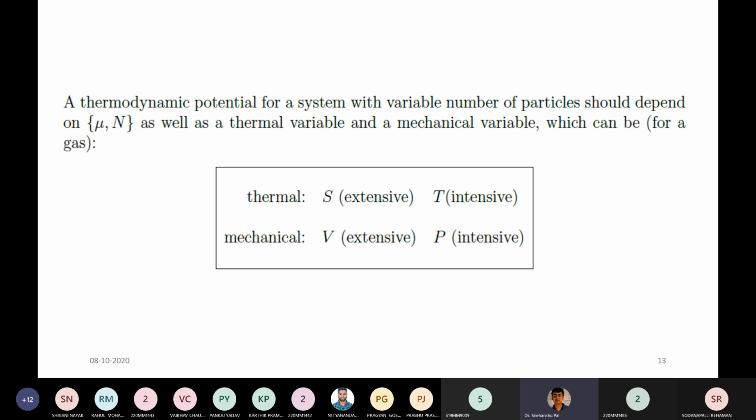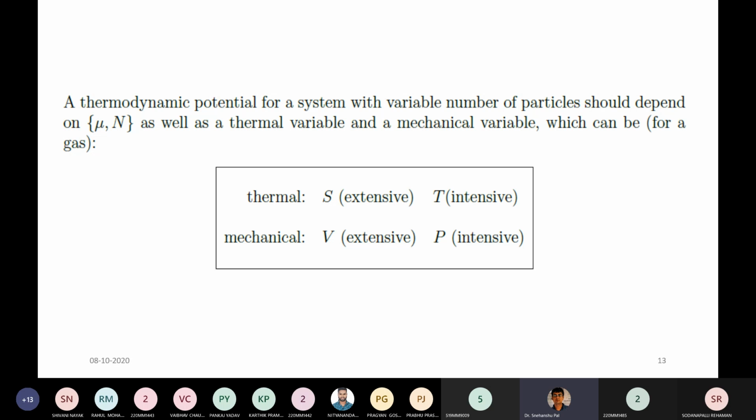Now what we have to understand is what an extensive variable is and what an intensive variable is. Extensive variables are those which depend on the mass or amount of matter present in the system, such as entropy.